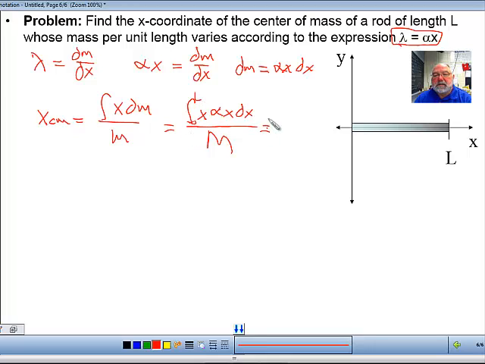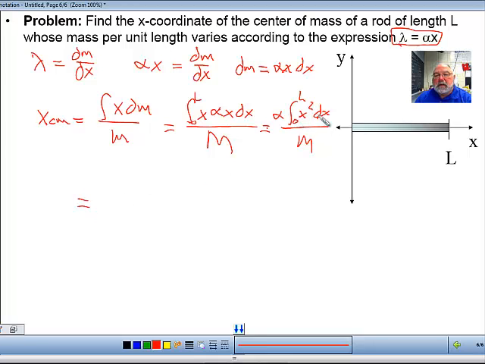Let's go ahead and collect some things together. Alpha is a constant, move it outside. Integral from 0 to L, well, x times x is x squared dx over big M. Okay, moving on down.